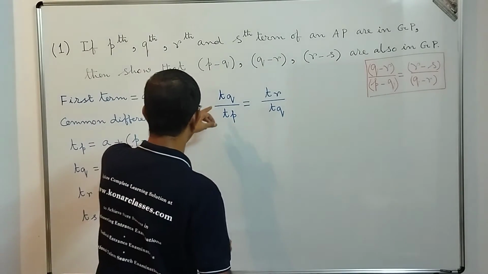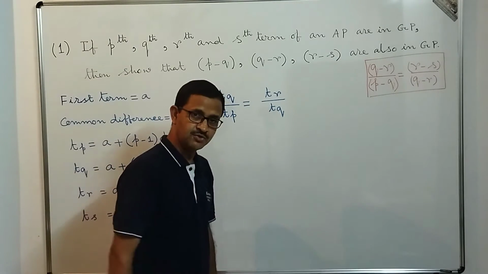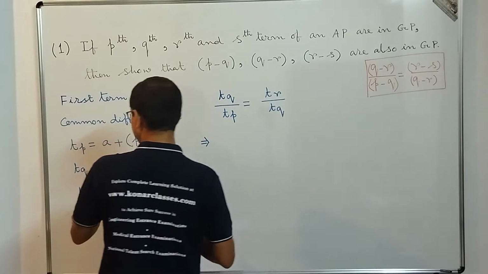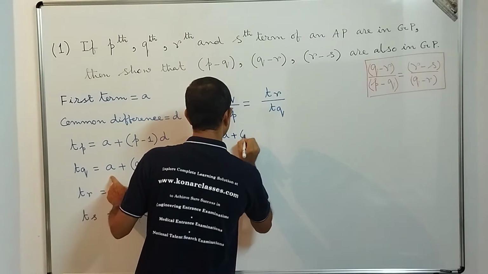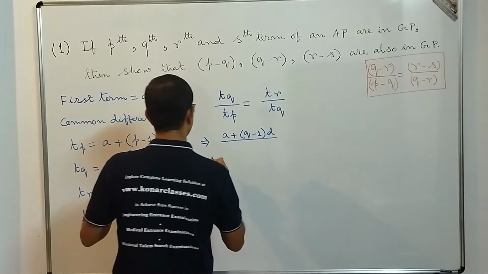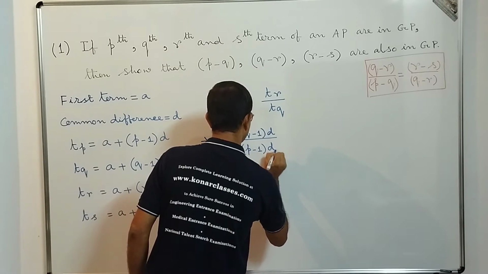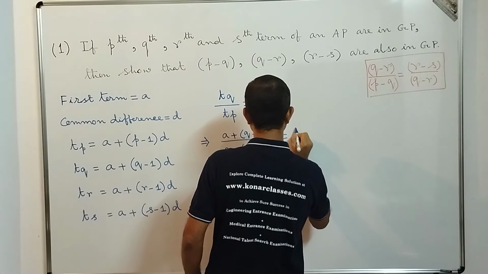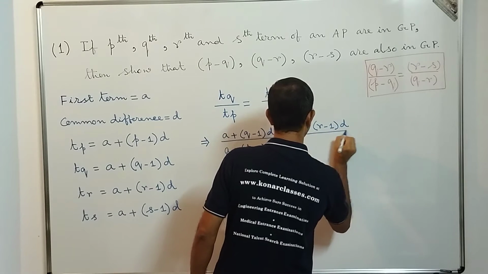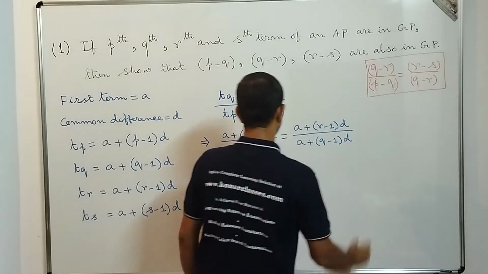To bring this one, what you need to do is that we need to take TQ by TP is equal to TR by TQ, that is given, right? So from here we can write TQ is A plus Q minus 1 into D divided by A plus P minus 1 into D. That is equal to TR, which is A plus R minus 1 into D divided by A plus Q minus 1 into D, correct?